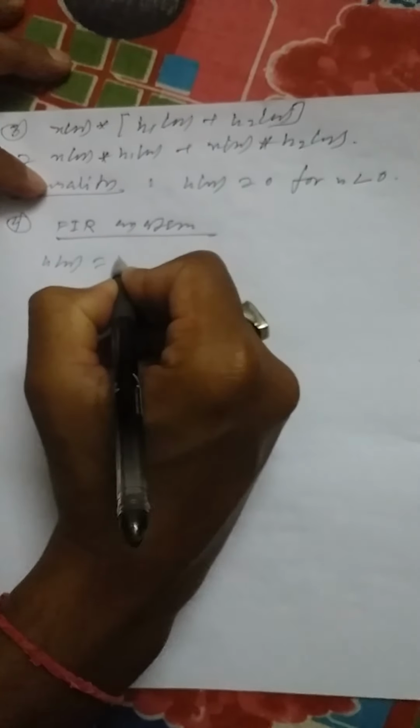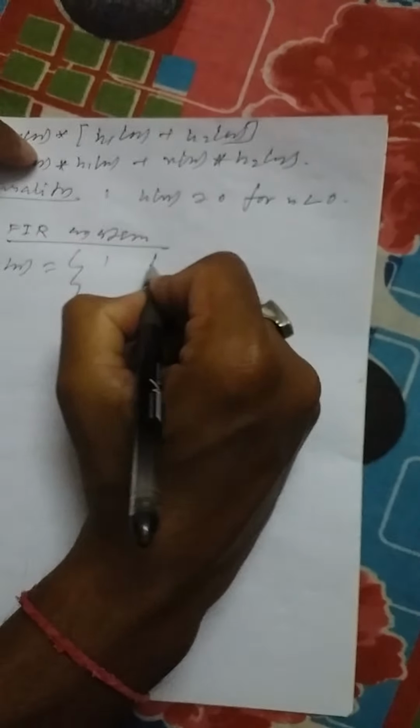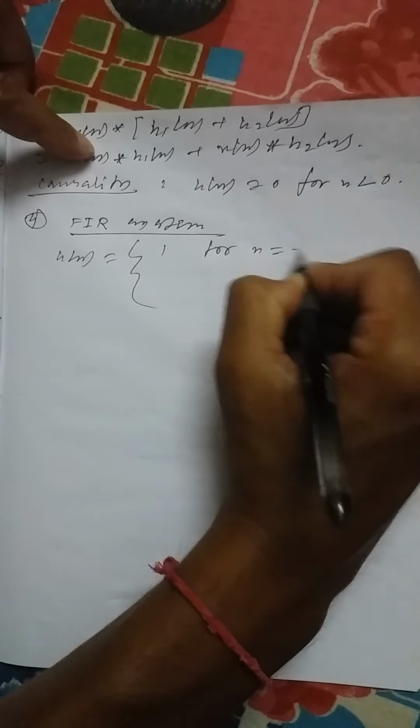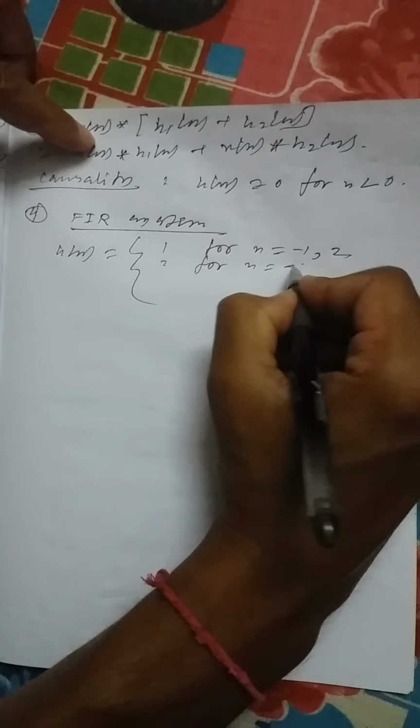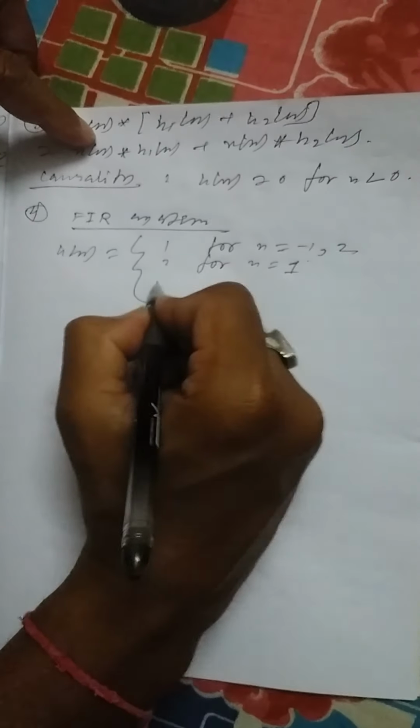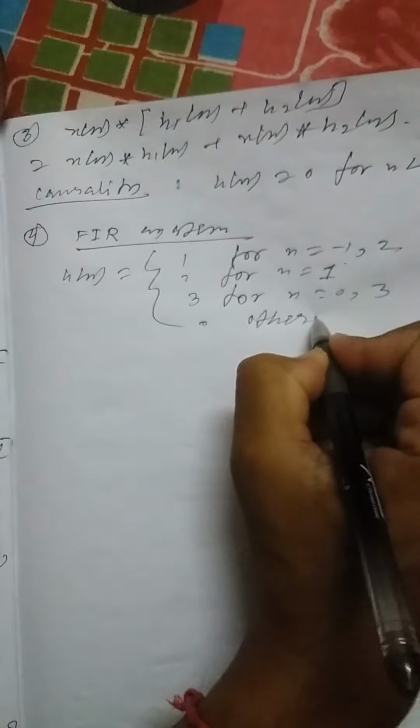Example of an FIR system: h[n] equal to, suppose, 1 for n equal to -1, 2 for n equal to 1, 3 for n equal to 0 and 3, 0 otherwise. So this is an example of FIR.